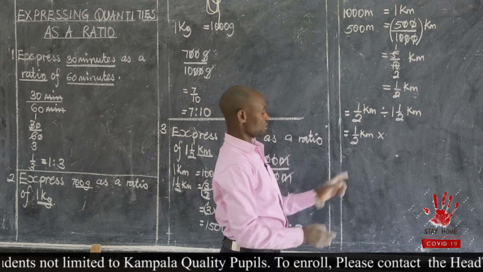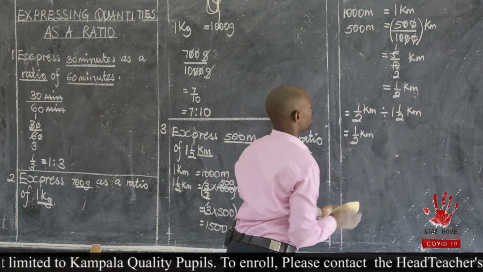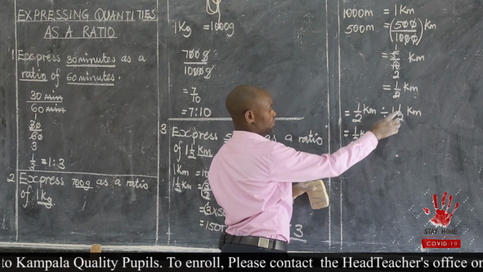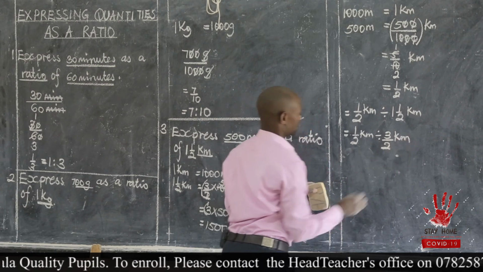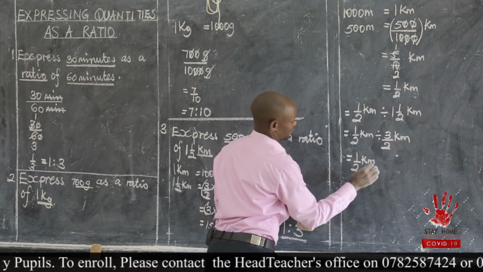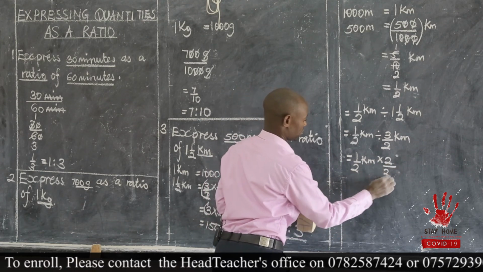But before we change it into multiplication, this one is a mixed fraction. So we first change it to an improper fraction. 2 times 1, 2, plus 1, 3, out of 2 kilometers. This one will further give you a half a kilometer times 2, which is the reciprocal, out of 3.